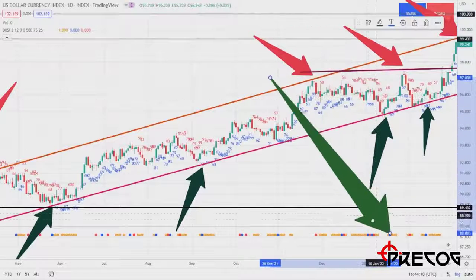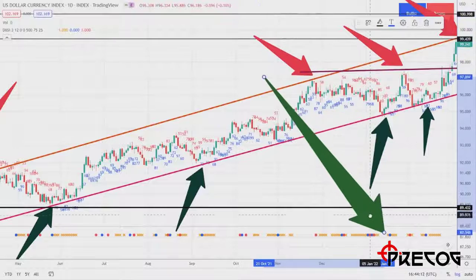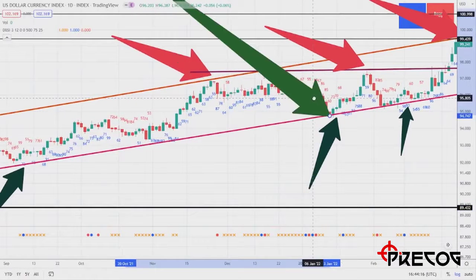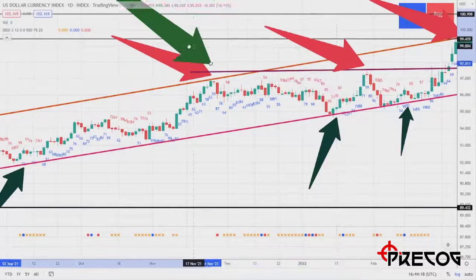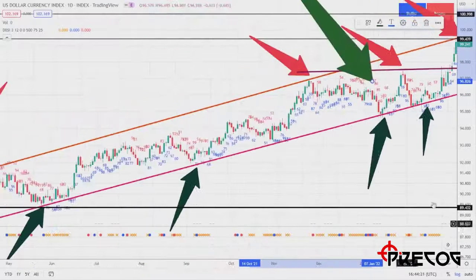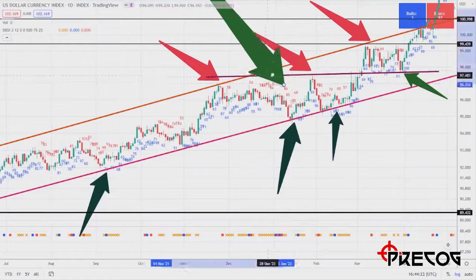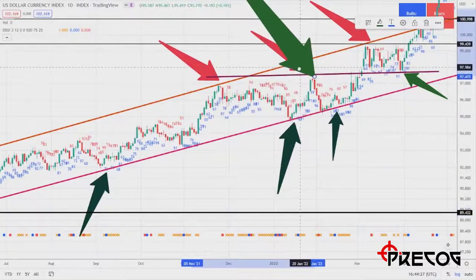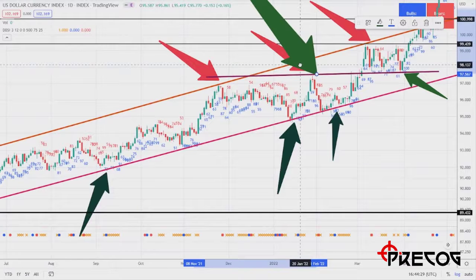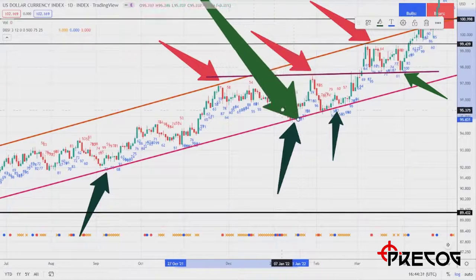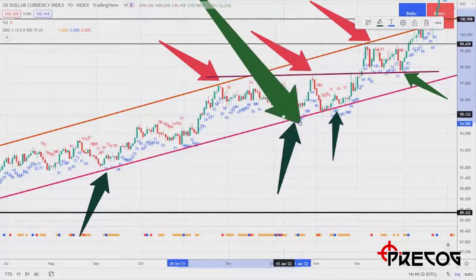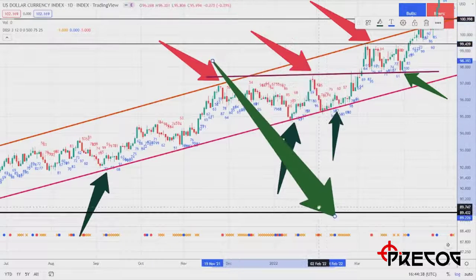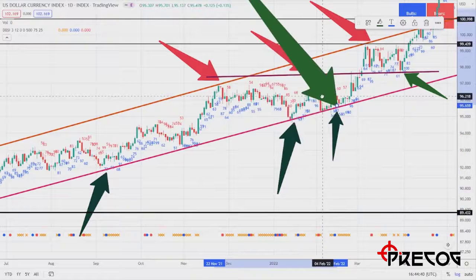Right here at support, you have a blue circle print right off of support, right into now a horizontal level, or a horizontal area, where you have a red circle print right at resistance there. So you're getting the ball changing hands from bulls to bears and back down. And again, we have another print off of support.